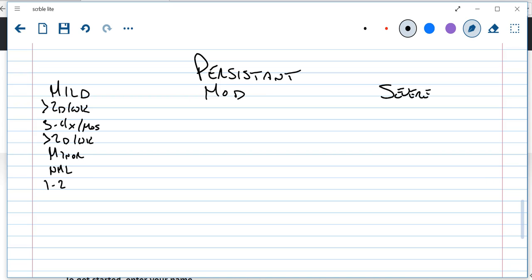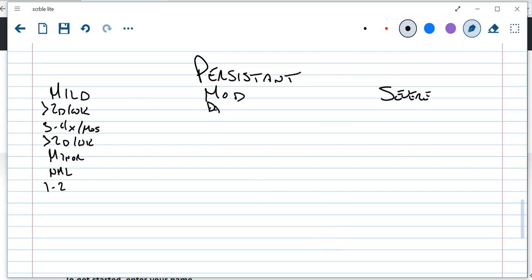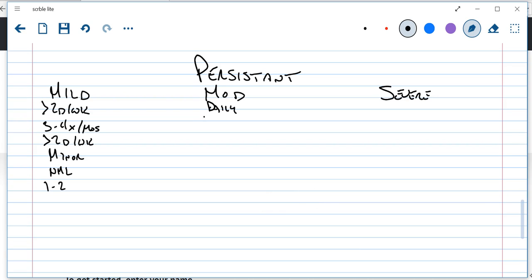So, under moderate, symptoms will be occurring daily. Nighttime awakenings, it's going to be more than 1 time a week, but not nightly.